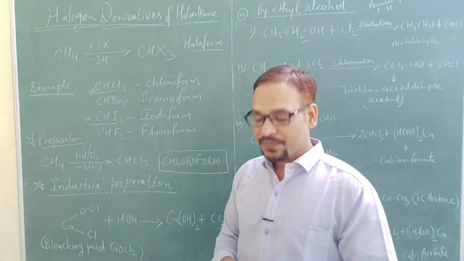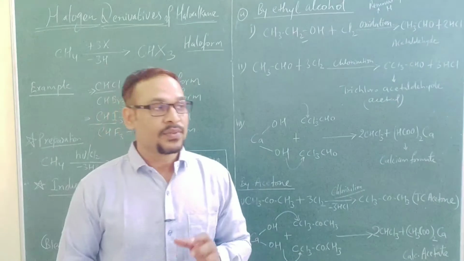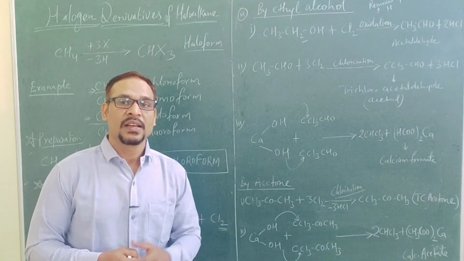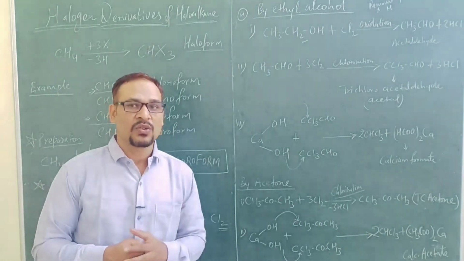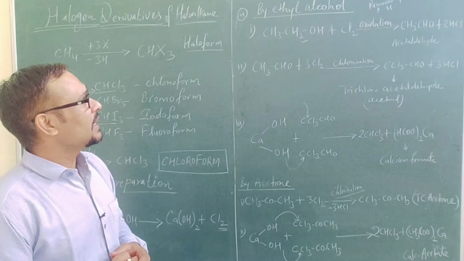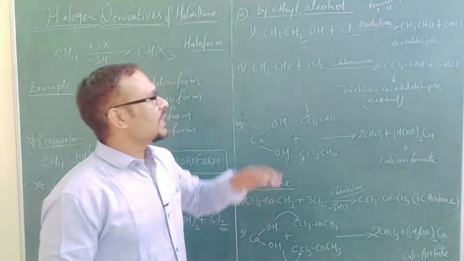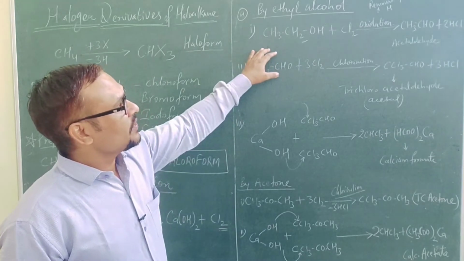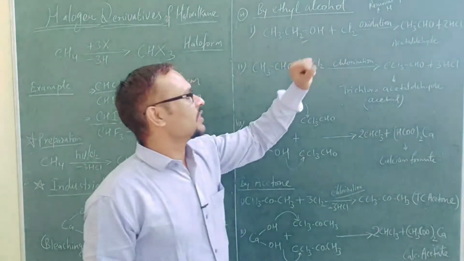Okay, now we have two choices. By ethyl alcohol we can prepare chloroform, and by acetone also we can prepare chloroform. How will we prepare it by ethyl alcohol? See, we write ethyl alcohol over here, right? In the first step we have to do the oxidation.